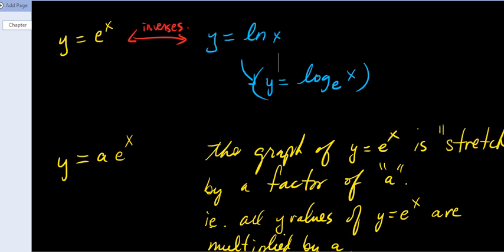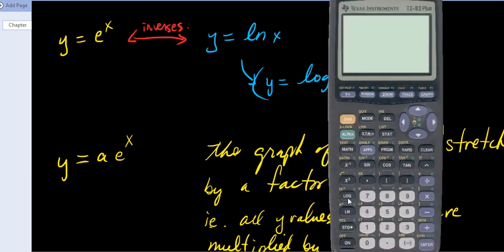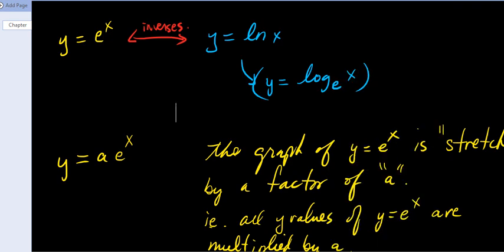So if you weren't here yesterday or forgot about all this, you might need to watch this video again on logarithmic functions, but they are inverses of one another. On the calculator, you see that the log and 10 to the power of x are inverses. Natural logarithm here and e to the power of x are inverses, so they're related.